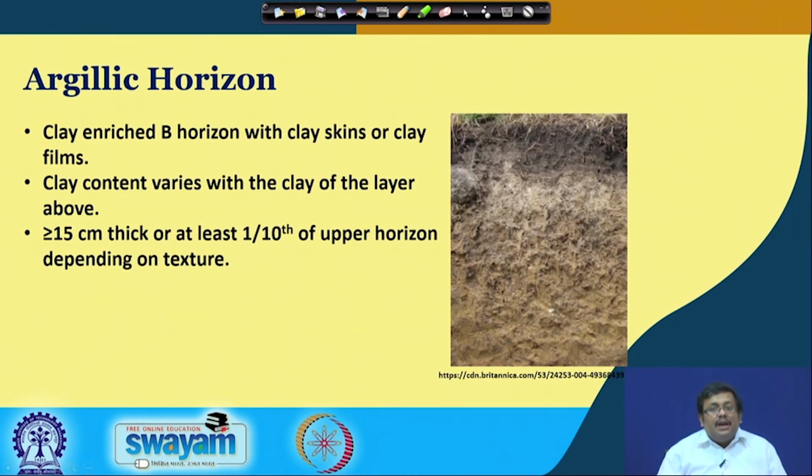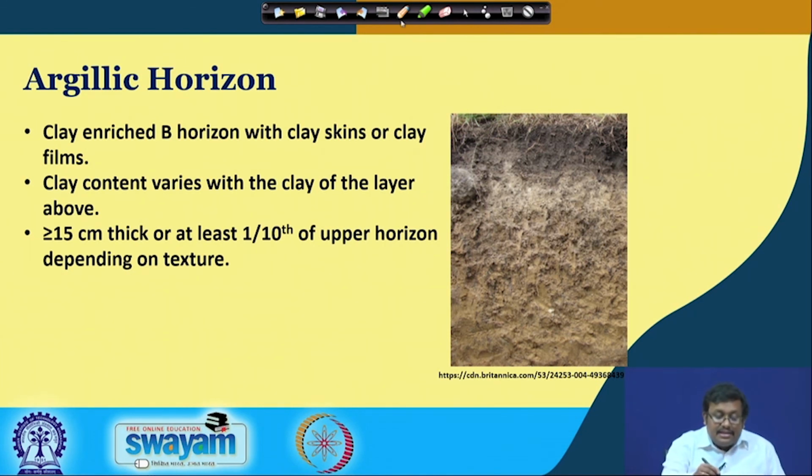The next one is called argillic horizon, and this is a very important one. Argillic horizon is basically seen in the B horizon. Now, it is clay enriched. Remember that it is enriched in clay. So, it is a clay enriched B horizon with clay skins or clay films, and clay content varies with the clay of the layer above, and obviously it is greater than 15 centimeter thick and at least 1/10 of upper horizon depending on the texture.